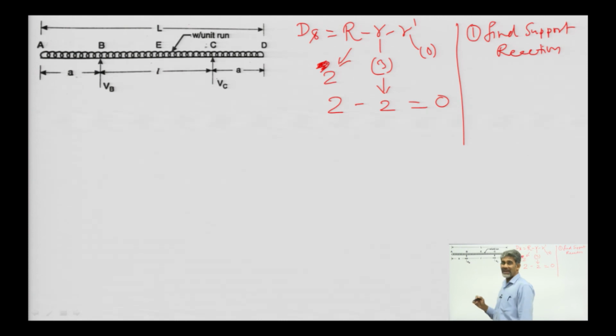Without writing any equation of summation of bending moment at point C or B equal to 0, we can have the idea that it will be WL by 2 plus W into A, because the load is shared half-half due to symmetry.